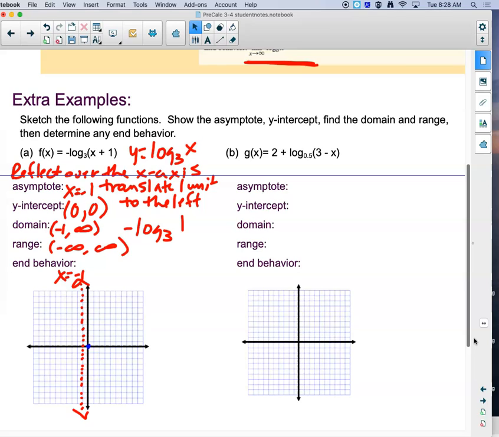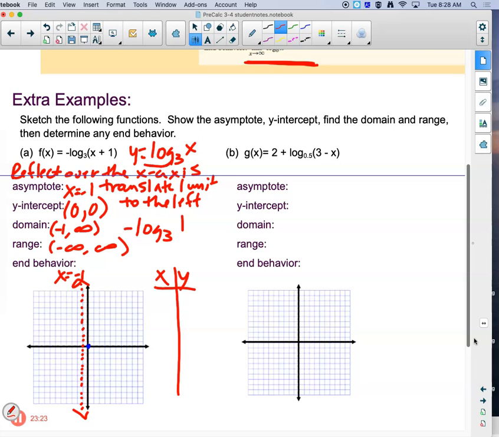So I make my little table. And remember, my parent was going to be y equals the logarithm base 3 of x. So I snail shell that, kind of backwards, a lefty snail shell here. 3 to the y equals x. And I put in some good numbers, negative 1, 0, 1, 2.